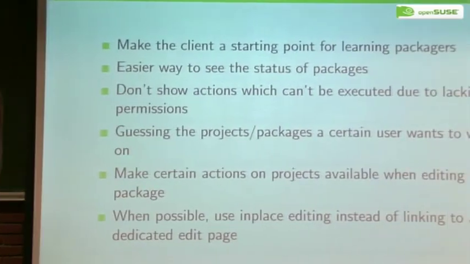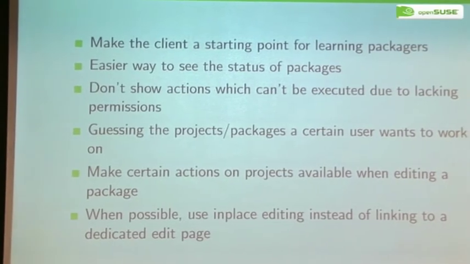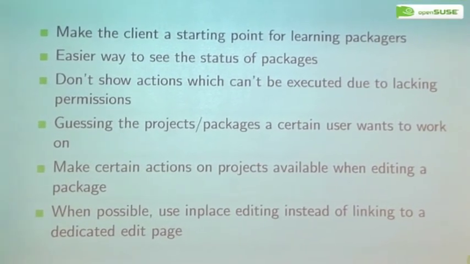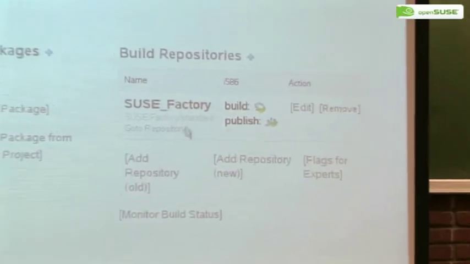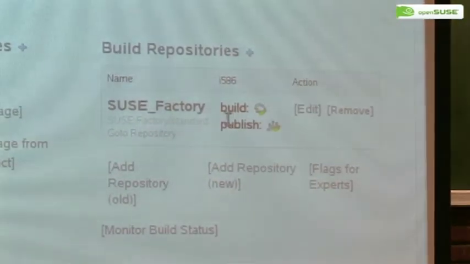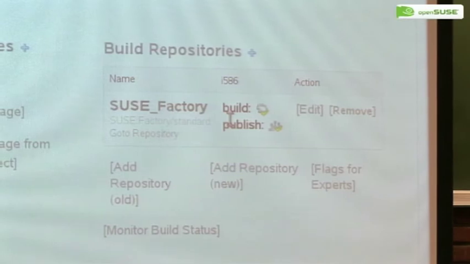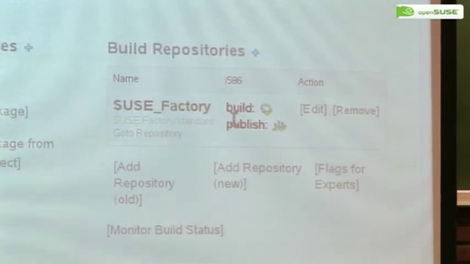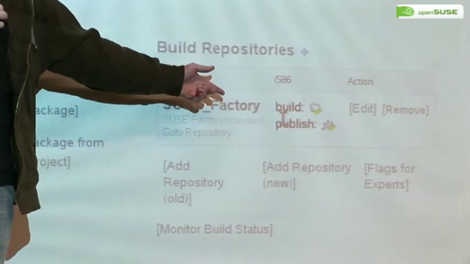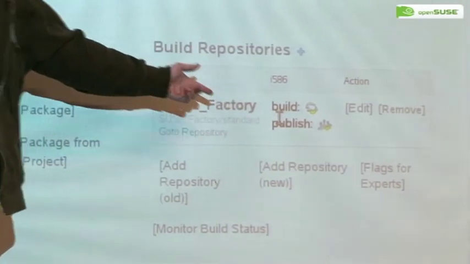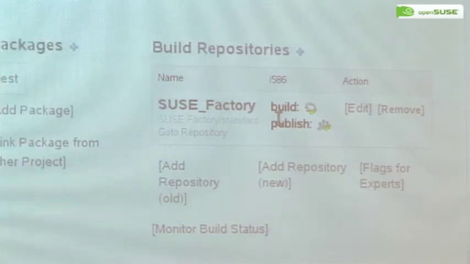Another thing we want to work on is an easier way to see the status of packages. What we have now is, we have here on this area, if this would be the real service, you would see numbers of packages that failed, or that are broken, or that are in a specific state.